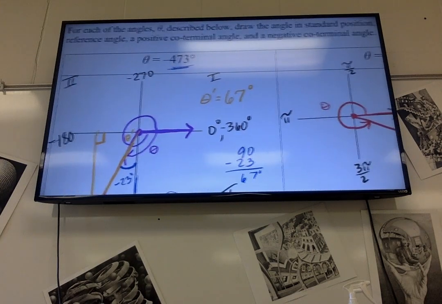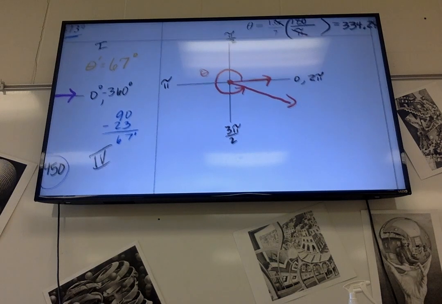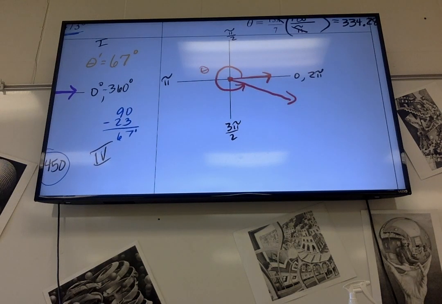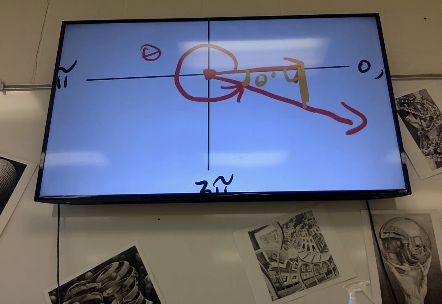Second step, find the measure of the reference angle. So the reference angle would be, I'll do it in orange again, of course, this angle right here. And we can see that that angle is finishing up this circle, right?